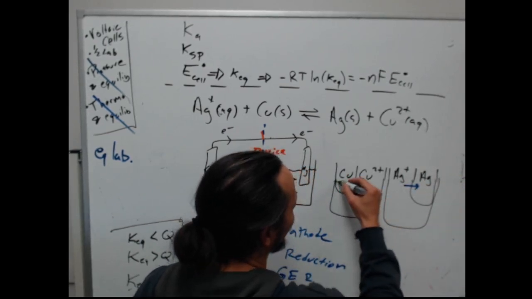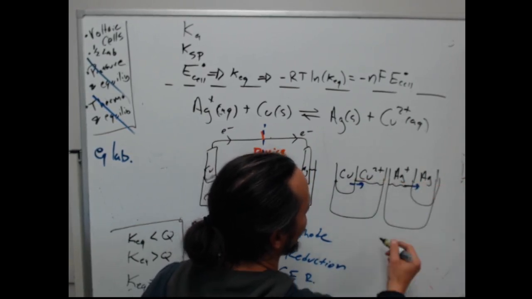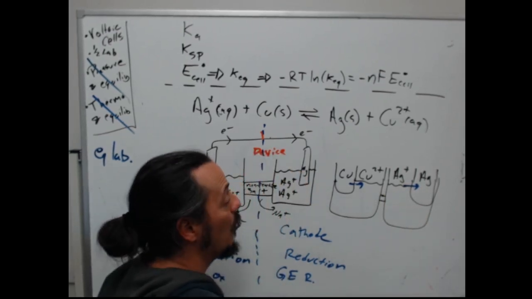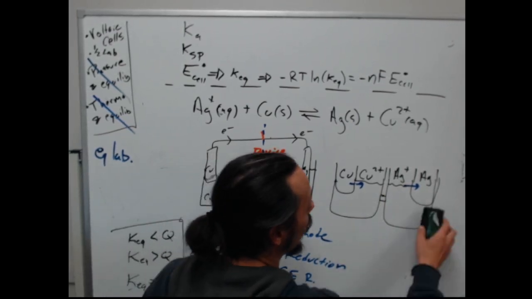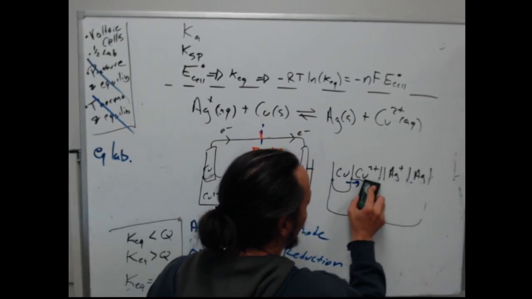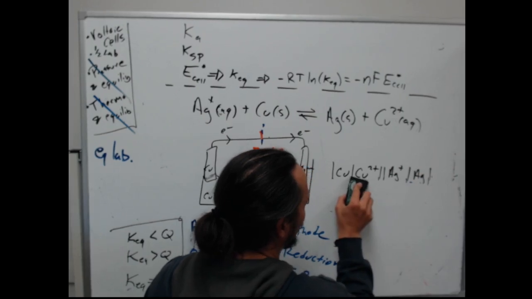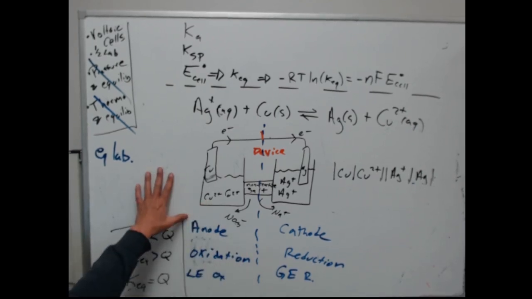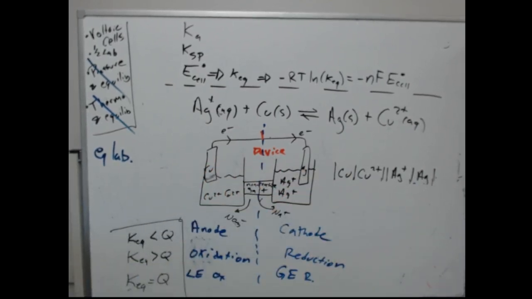And then there's my solution, and then I just need my little salt bridge to connect them. When I see it, you just take a bunch of the setup and erase it, and it's the same thing. So it really gives this direct relationship to the experimental setup, the full diagram versus the shorthand notation.